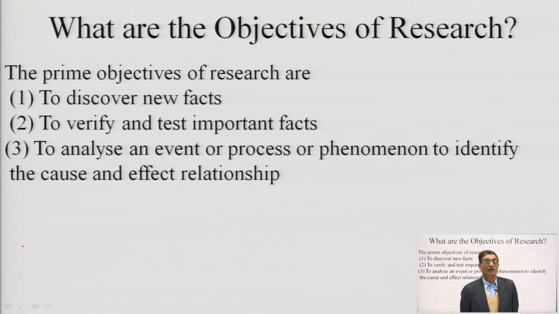Another objective of research is to verify and test important facts, and also to analyze an event, process or phenomenon to identify the cause and effect relationship. For example, we know smoking causes cancer. So, how do we come to know smoking causes cancer? It can be done with the help of research.